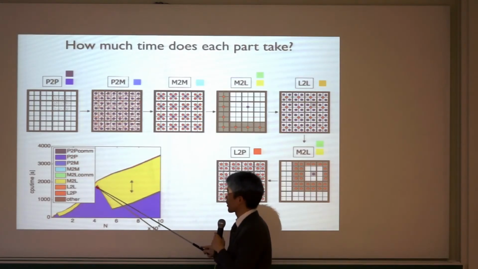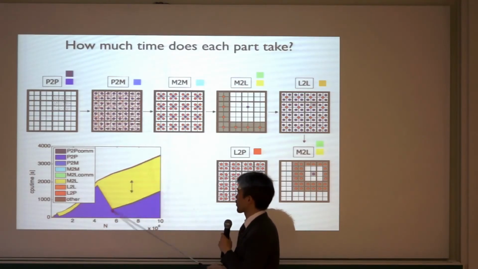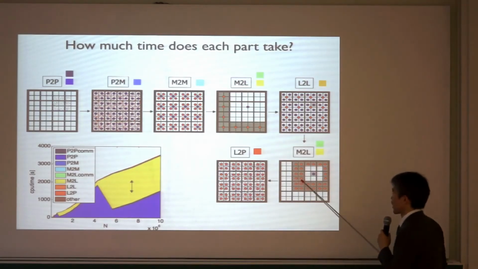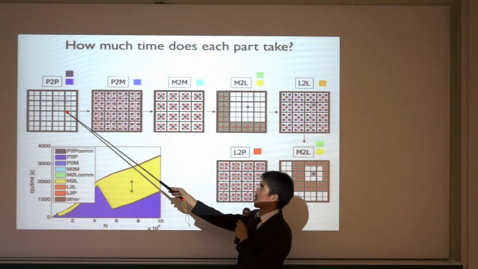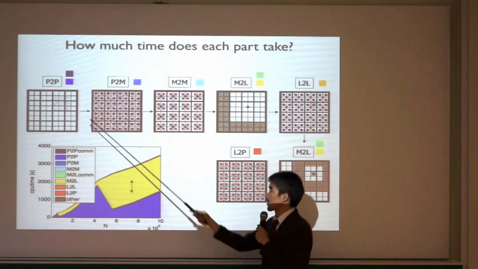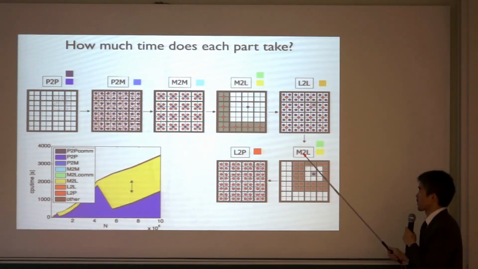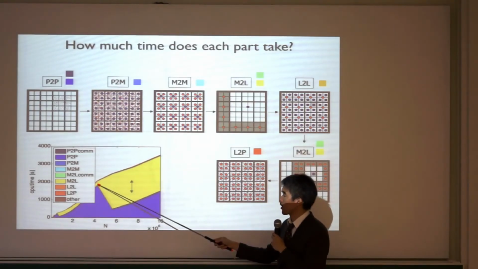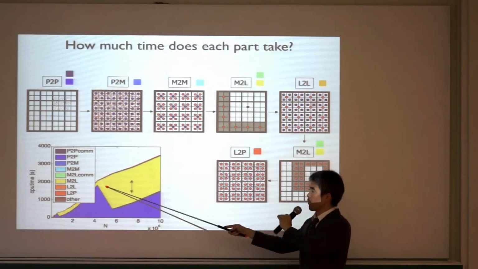And then at some point, it becomes beneficial to divide the tree. But if you divide the tree too soon, what happens when you divide the tree one level? Since one box splits into 8 boxes in 3D, in 2D it splits into 4 boxes, the number of M2L calculations suddenly jumps 8 times. So this is what's happening here. The yellow part, say that this was at level 6, and then you suddenly increase to level 7.